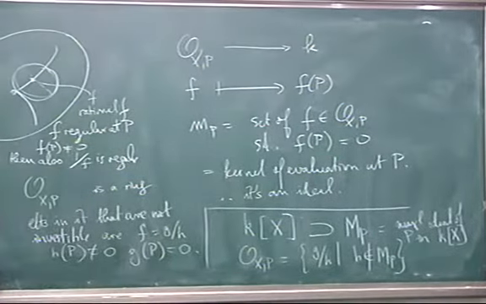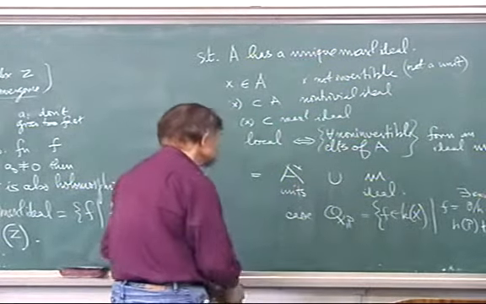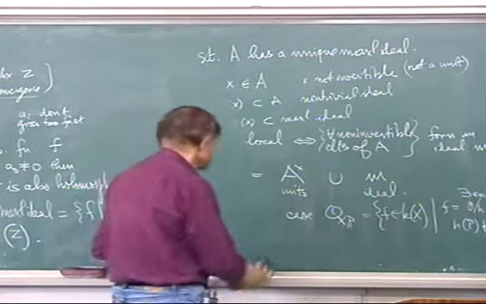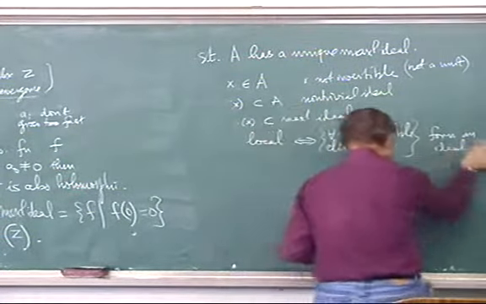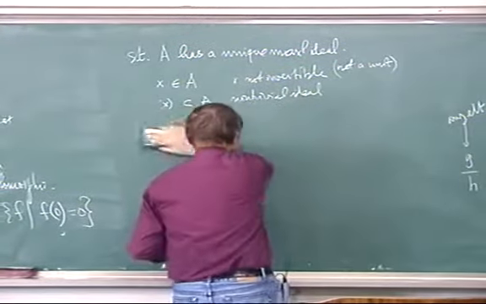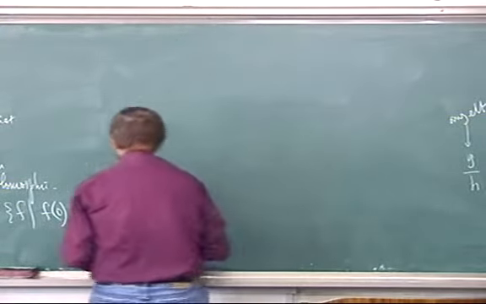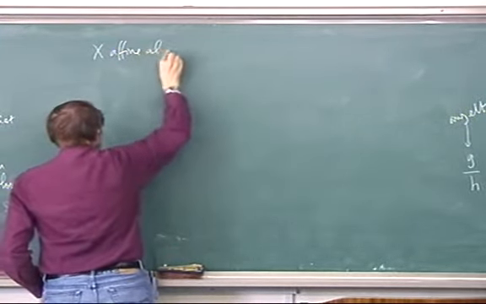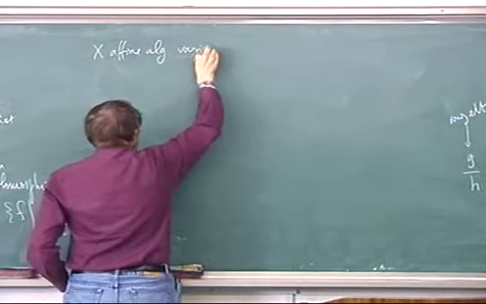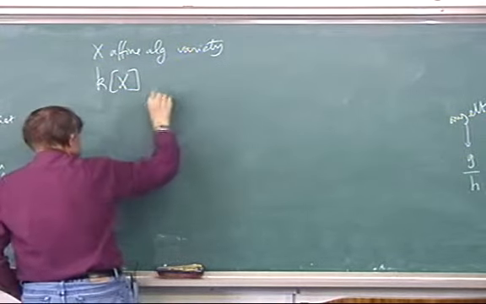Okay, so in my case, X is an affine algebraic variety. I've got this ring K[X], its coordinate ring.